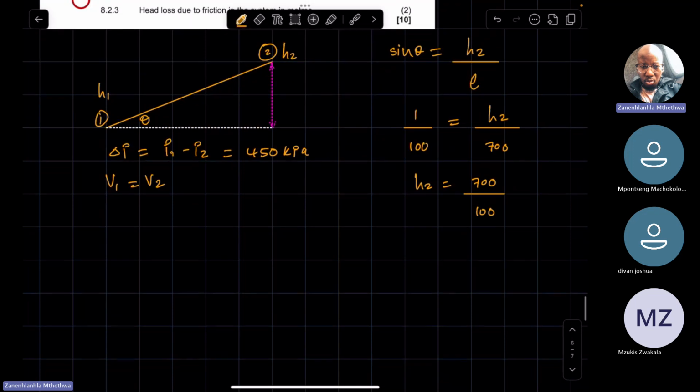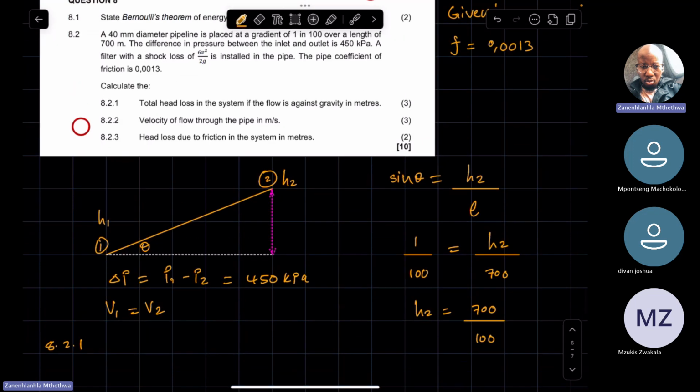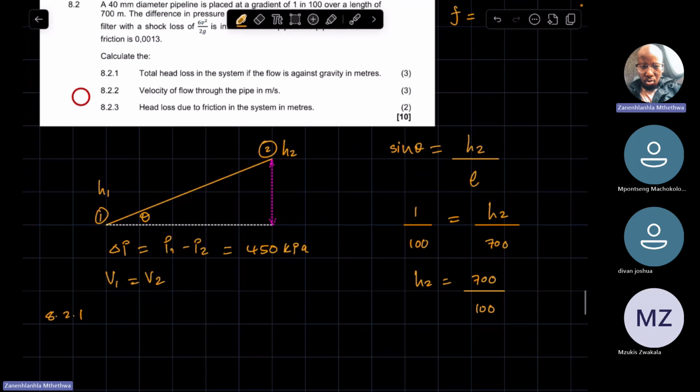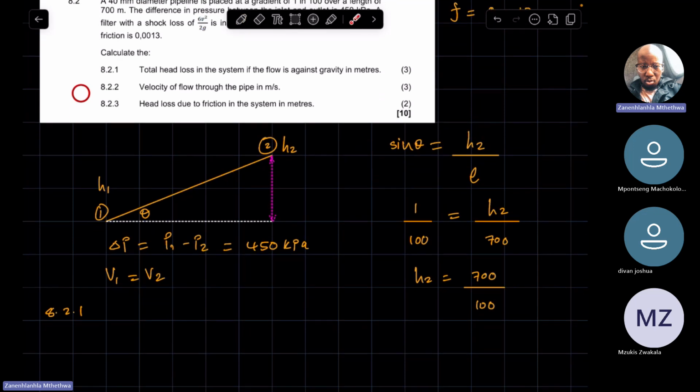Now let's look at questions. 8.2.1. For pipeline systems, it's always best that you draw the schematic illustration of the problem. That way, it'll give you perspective as to how to approach the problem. 8.2.1: Calculate the total head loss in the system if the flow is against gravity, in meters.